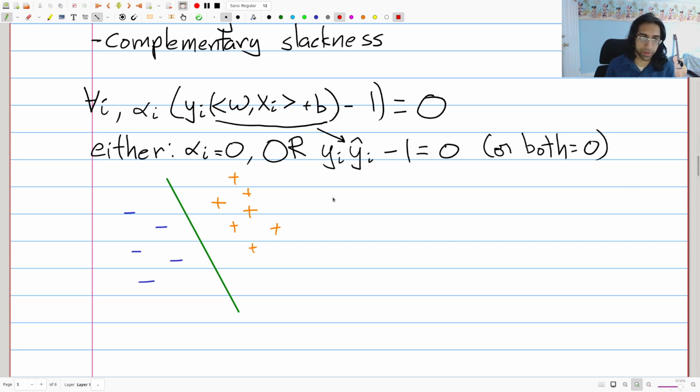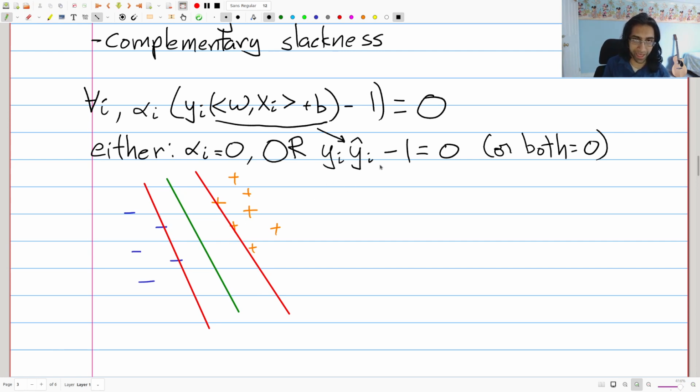It will look something like this. This is not perfect; these should all be parallel to each other. If I drew this perfectly, I didn't. But okay, this is one margin, and this is another margin over here. So these are the lines which are at distance equal to the margin. This is a picture of what it might look like.